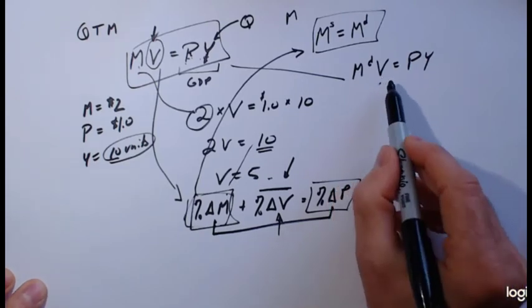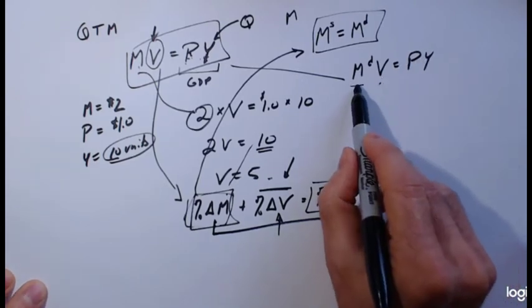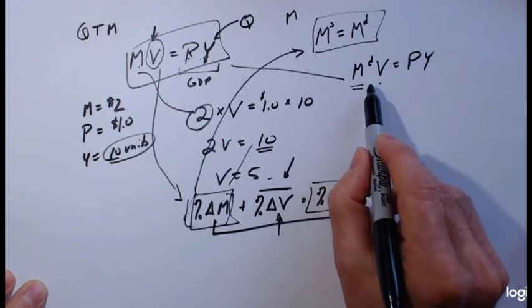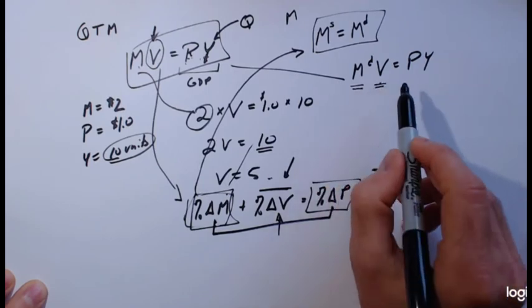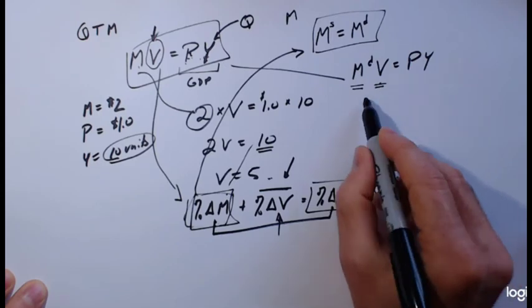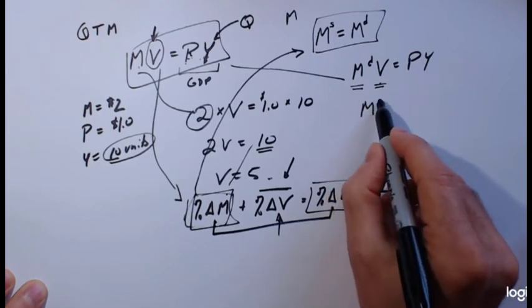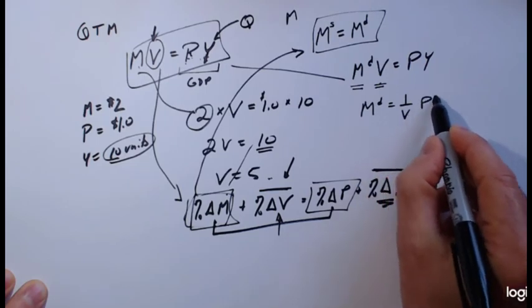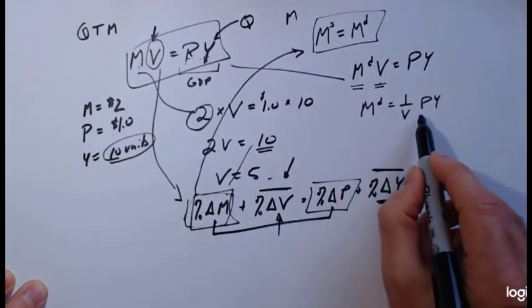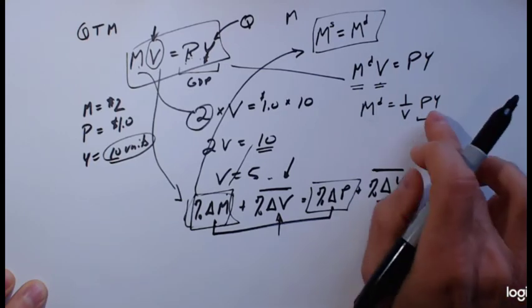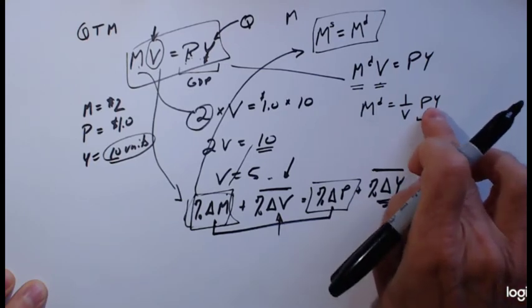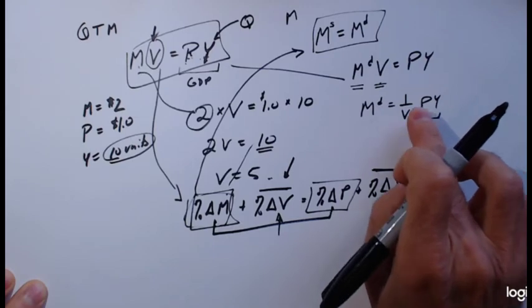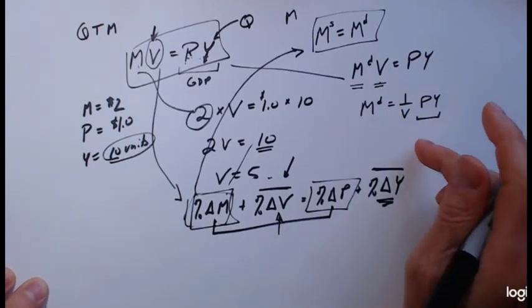Well, maybe if we have a better handle on money demand, we can better figure out what drives velocity. If you rearrange this slightly, you get this equation, which basically says money demand is proportional to nominal GDP.